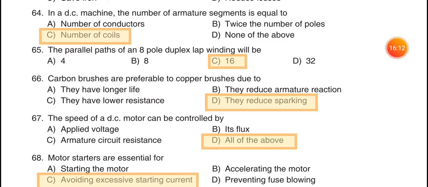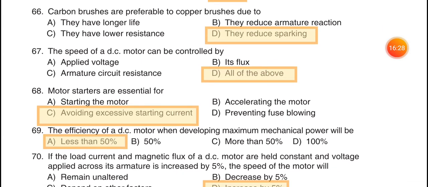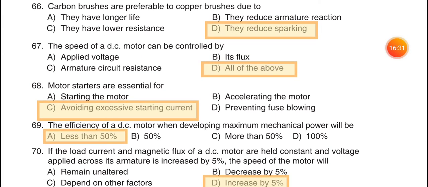In a DC machine the number of armature segment is equal to option C, number of coils. 65. The parallel path of an 8-pole duplex lap winding will be option C, 16. 66. Carbon brushes are preferable to copper brushes due to option D, they reduce sparking.